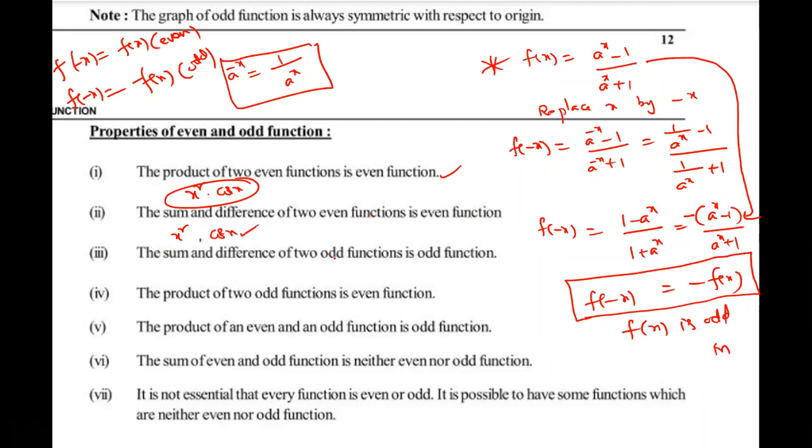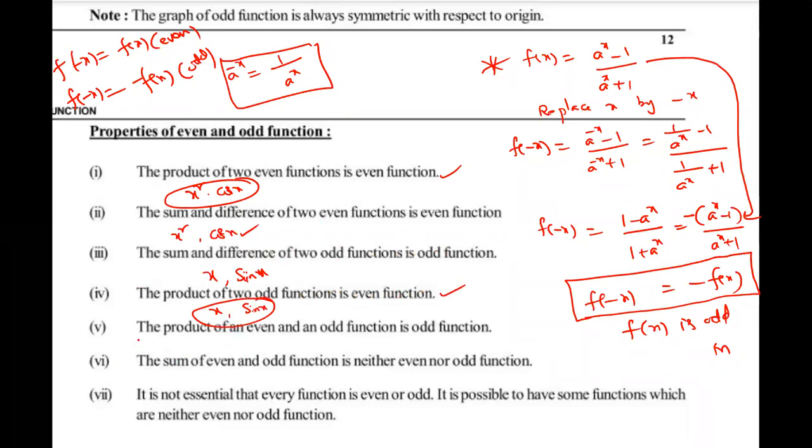The sum and difference of two odd functions is an odd function. One is x here, students, check it; another one is sin x. Add them, again the output is an odd function only. The product of two odd functions: suppose one is x, one is sin x, if you are multiplying, the output is even. Check it.